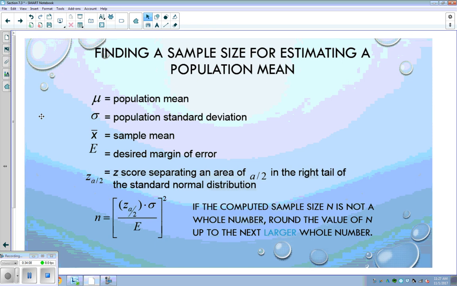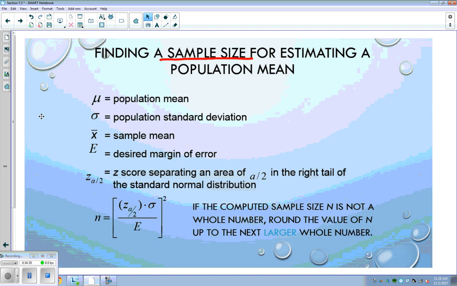So now let's look at the formula for finding a sample size for estimating a population mean. Again, there's the notation. Of course, mu is population mean. Sigma is the population standard deviation. X bar is the sample mean.